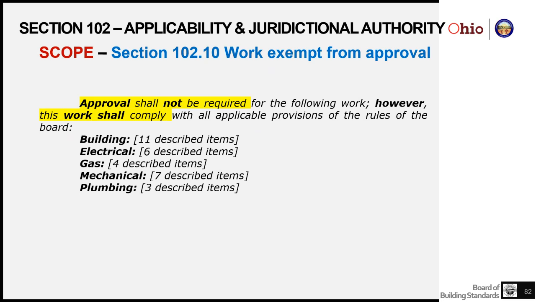You can't take that wire and run it through a fire rated assembly without also providing for the protections of that penetration in that fire rated assembly. So you have to comply with the rules relative to it, but you may not have to get approval for running those control wires.